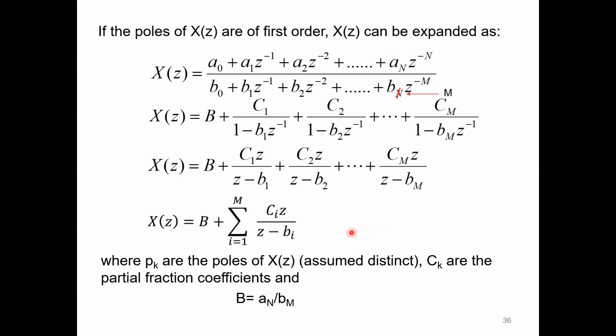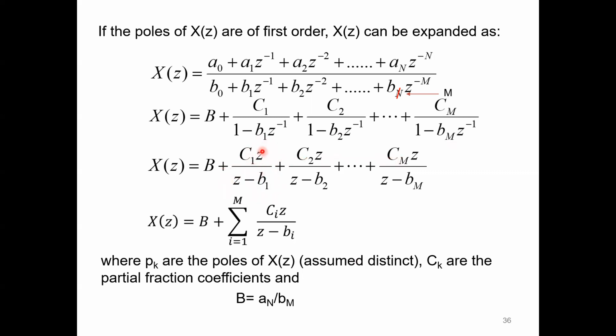And the other good thing to be noted here is that once you have a block like this, you can immediately work out the inverse z-transform and get to the time function, because this is something we have seen earlier. Forget about C1, C2, and so on.